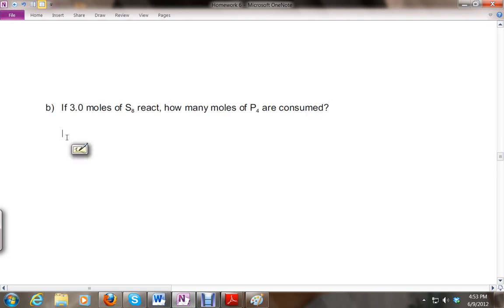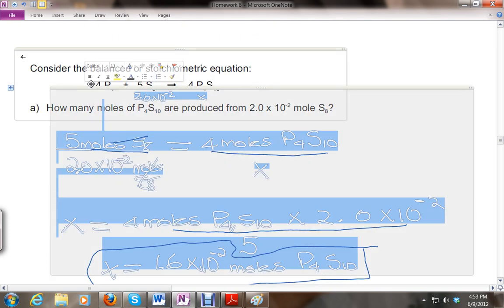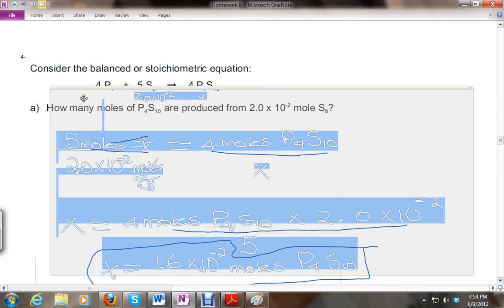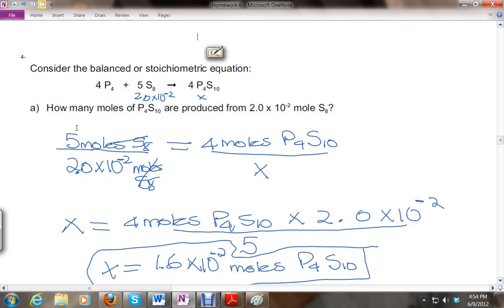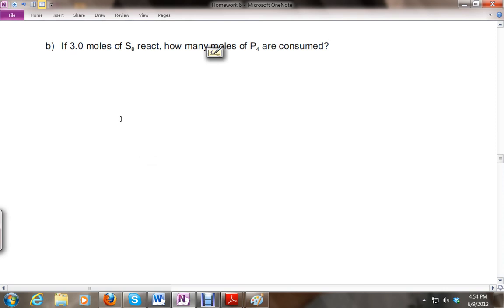Let me write this stoichiometry equation: 4P4 plus 5S8 gives me 4 molecules of tetraphosphorus decasulfide.